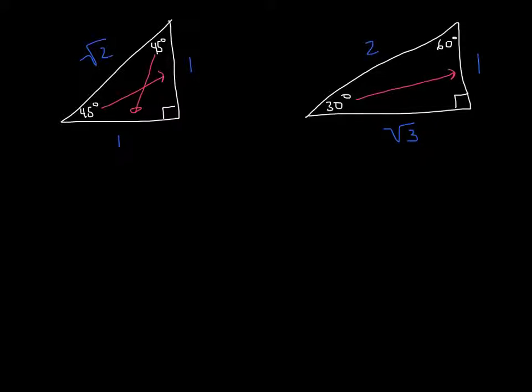Now, the way you can memorize this is very simple. Across from the smallest angle is going to be the smallest side. That makes sense. Just think about that and try to convince yourself of that. If you have a very small angle, like 10 degrees or 12 degrees, the side across from that angle is going to be very small.